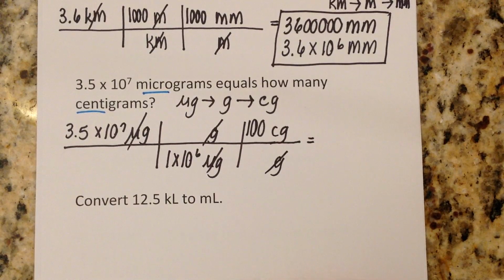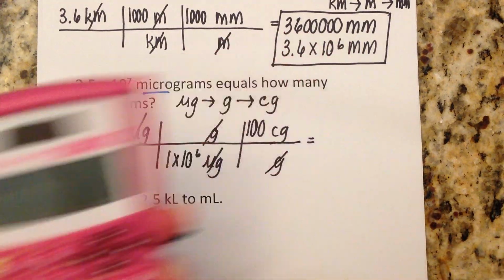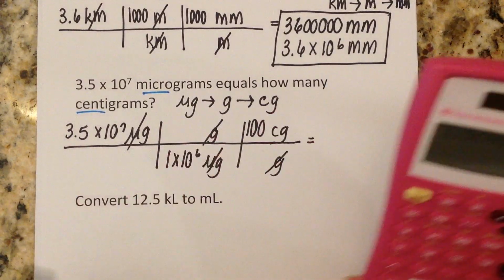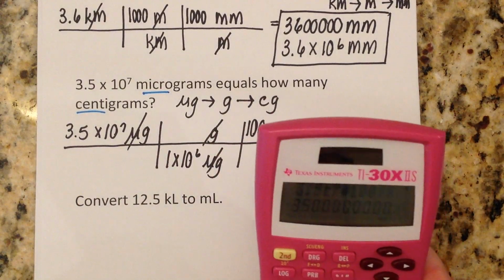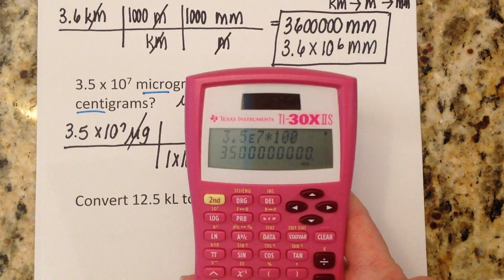Now, if I multiply across the top, I'm going to get 3.5 times 10 to the 7th, and that's what that looks like in my calculator, times 100. Now, if I write that down, that's a big, big number. I've already hit equals.